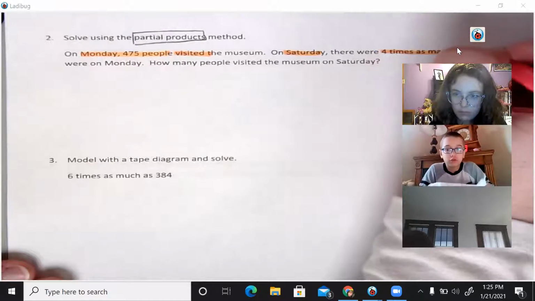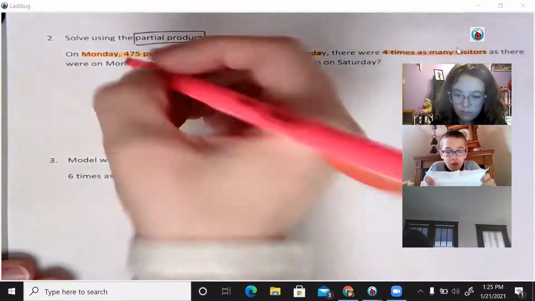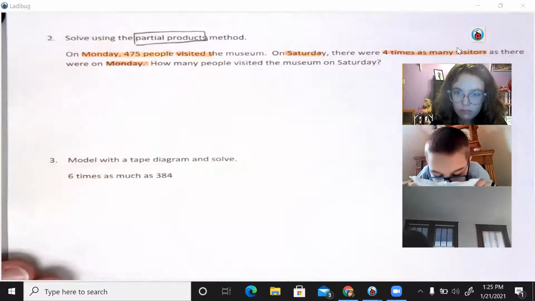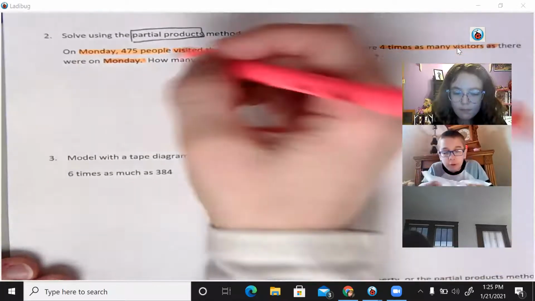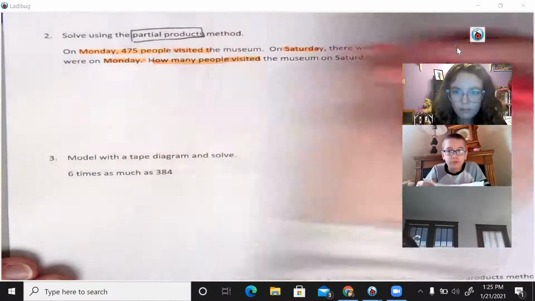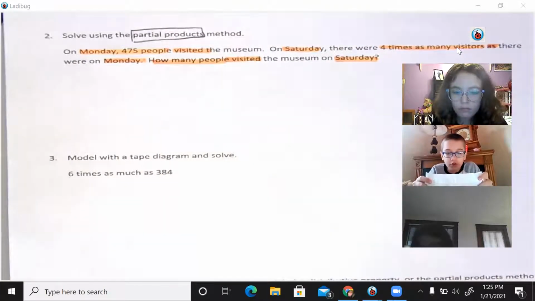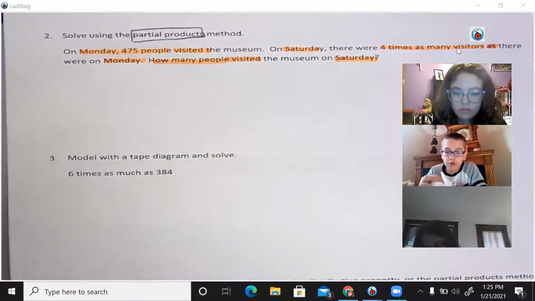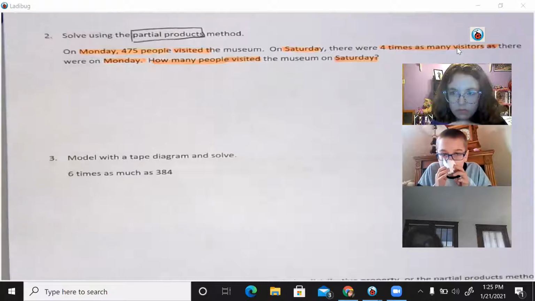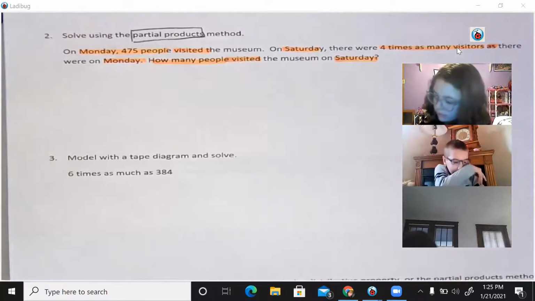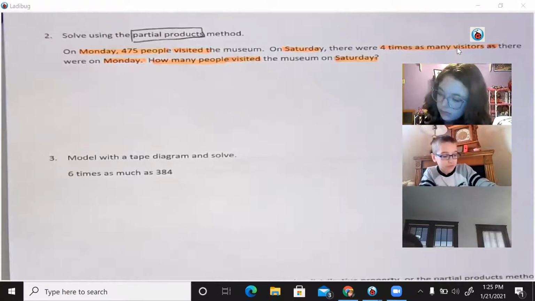There were 4 times as many visitors as there were on Monday. Okay, so 4 times as many visitors as Monday. And then we need to figure out how many people visited Saturday. So our job is, what do we need to report at the very end? How many people visited the museum on Saturday?